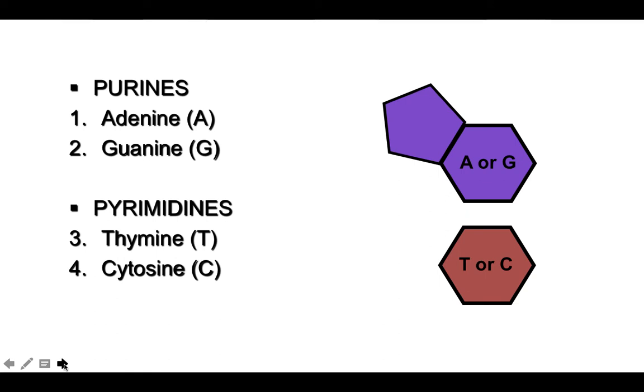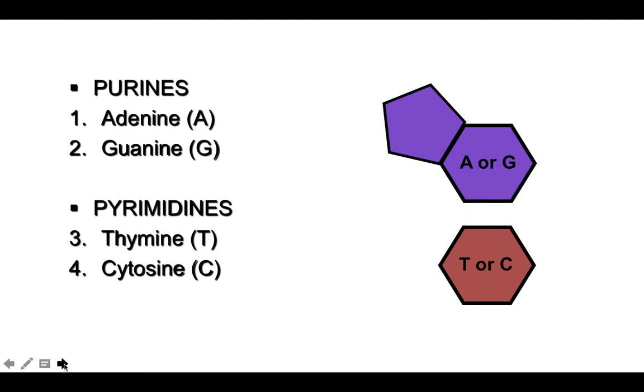For pyrimidines, the additional two that you will eventually encounter in your study of the biochemistry of the DNA are orotic acid and uracil, which is actually found in RNA.